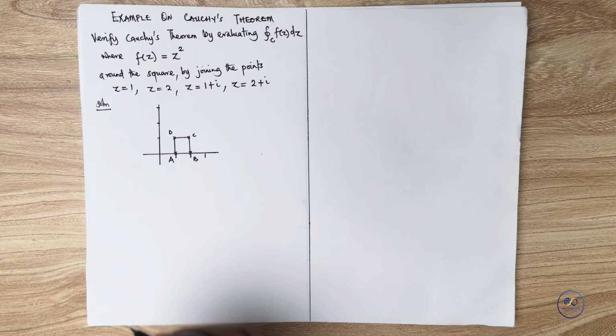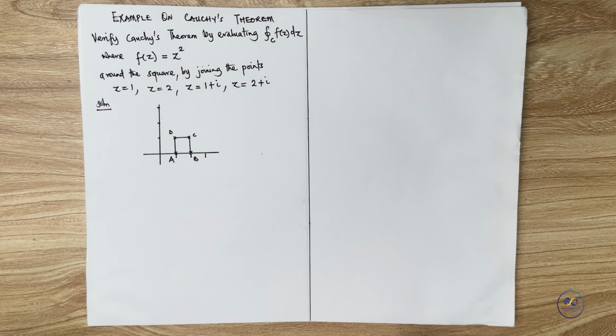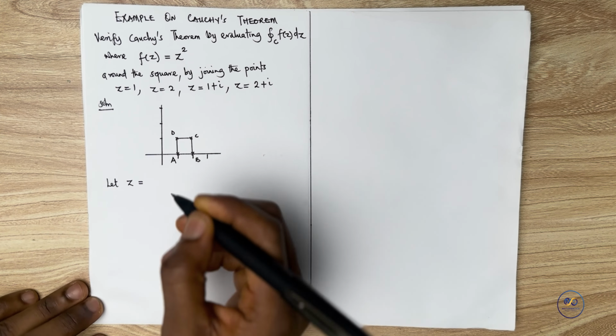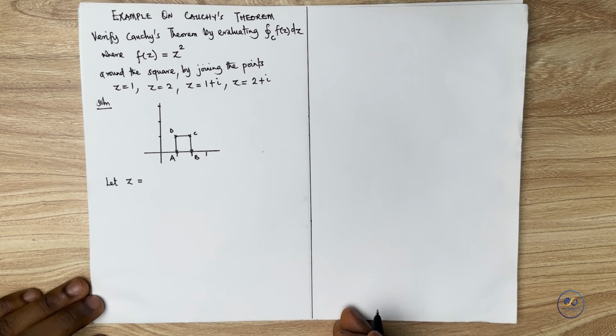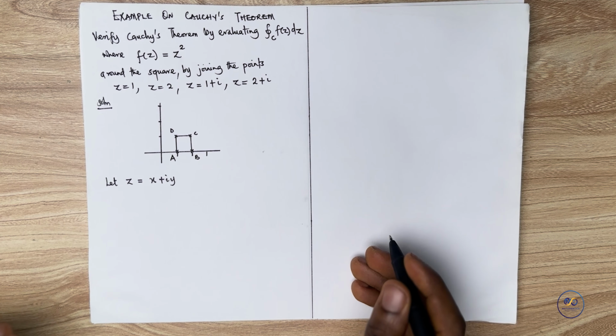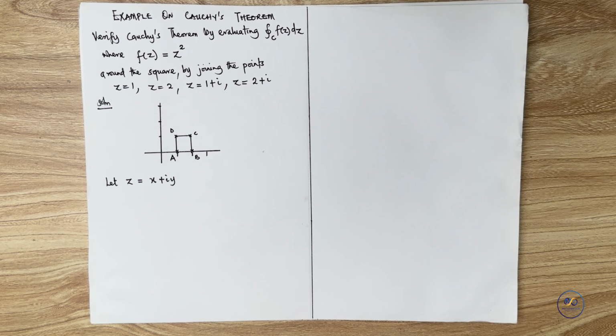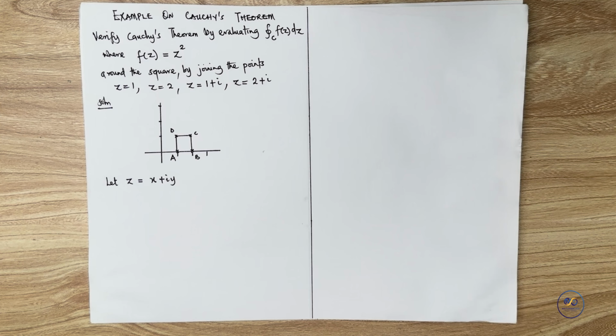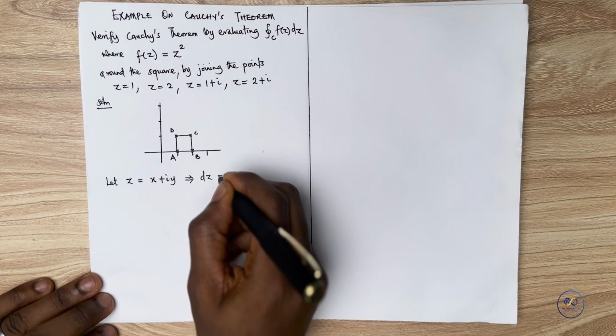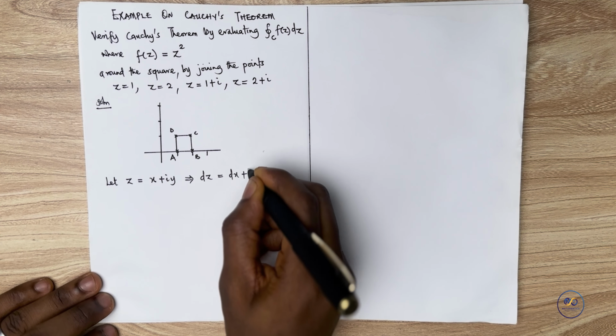The very first thing we need to do is make a representation of our function. Remember, we want to rewrite the function in terms of the variables x and y. Since x plus iy represents the basic algebraic form of the complex number, it therefore means, as always, that dz would be dx plus i dy.